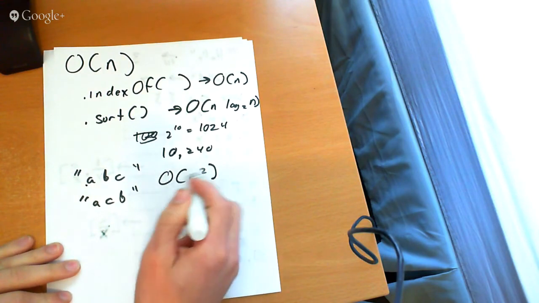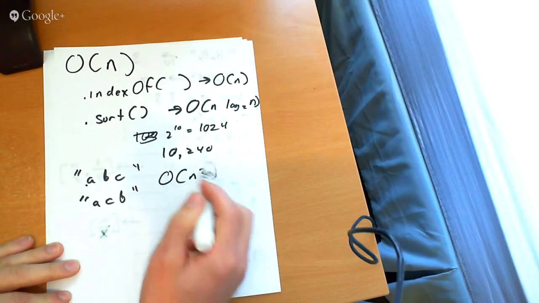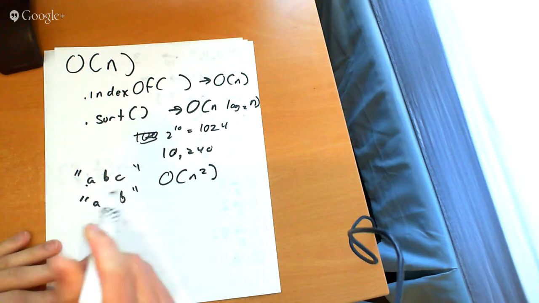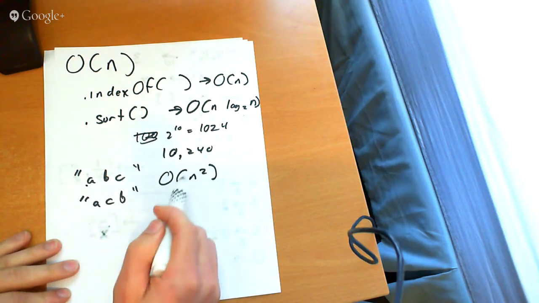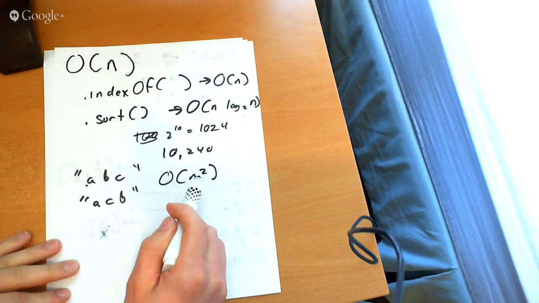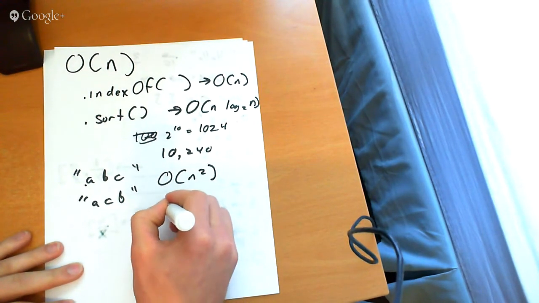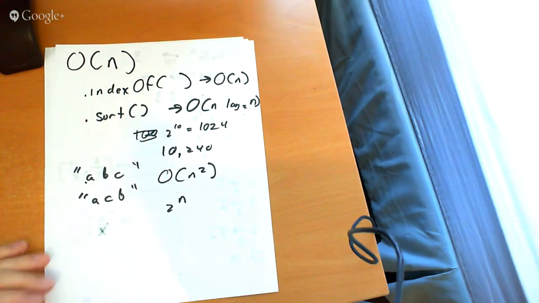So when we talk about how long things take, certain algorithms have certain orders of complexity, typically described by polynomials. There are some that are like 2 to the n that are very bad.